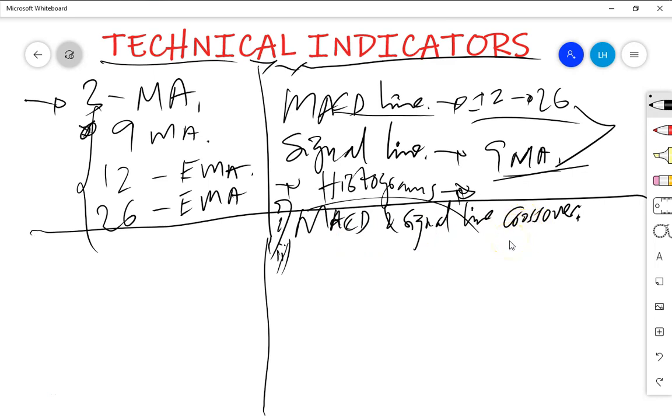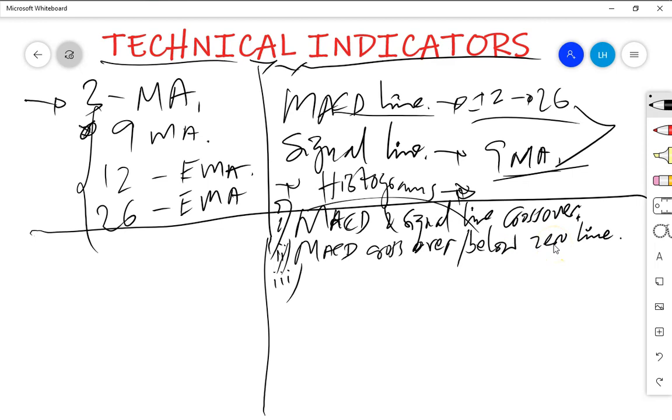But we have other ways, like the MACD line crossing over or below the zero line. Whenever MACD does that, you must get certain information.